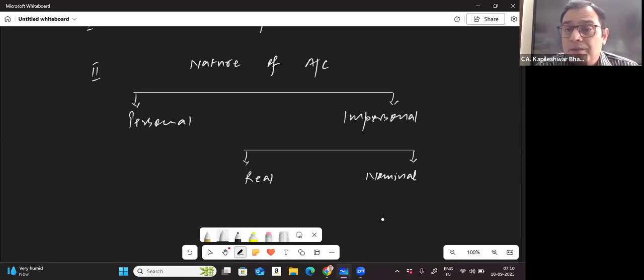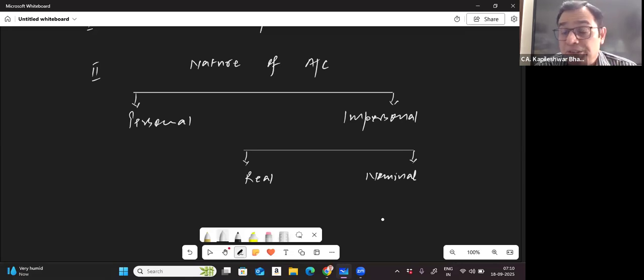Next, a real account is something which is either tangible or intangible in nature. Generally, assets are real in nature. Anything which can be seen, tangible, or felt, intangible, is supposed to be a real account.